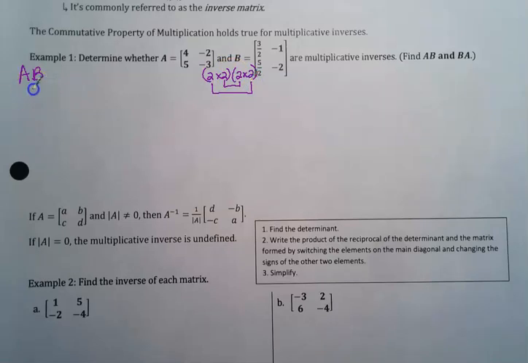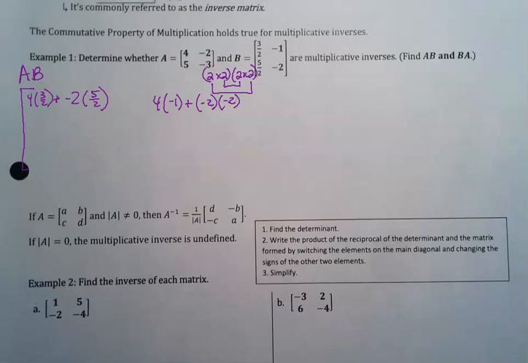So this is going to be 4 times 3/2 plus -2 times 5/2 in that first spot. Then we move over and multiply by the second column: 4 times -1 plus -2 times -2.